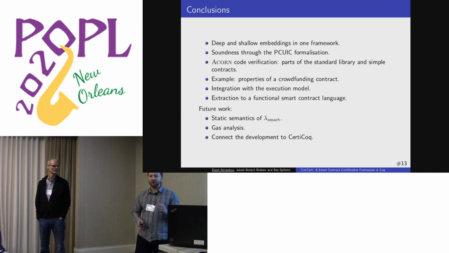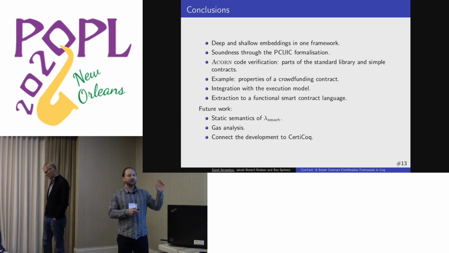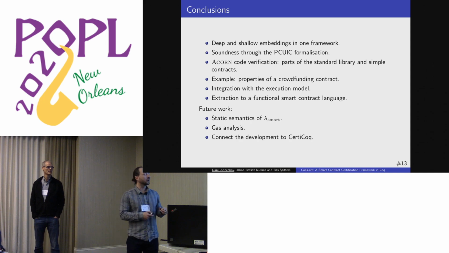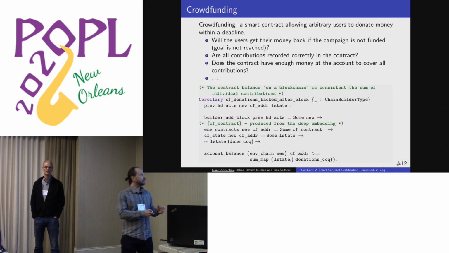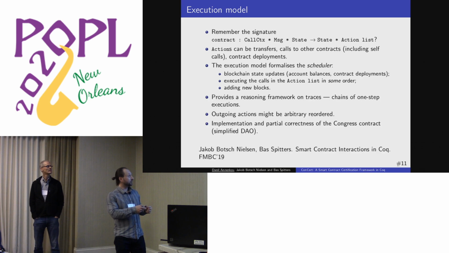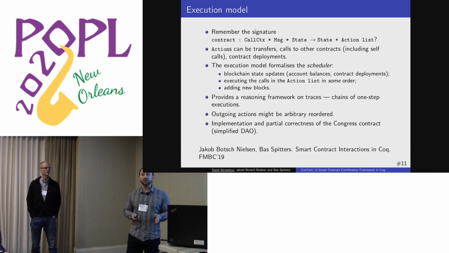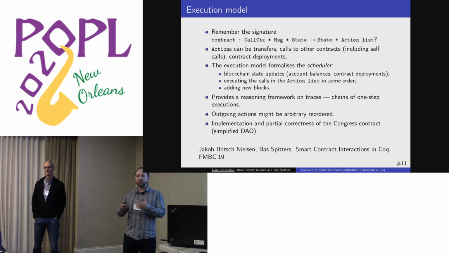I can comment a little bit. With this execution model, it's a little bit different from, say, Ethereum, where the DAO contract was written. If you follow this execution model and confine everything to this function, so for example you do not schedule any self calls and you only emit transfers afterwards, I think you can prove that reentrancy will never happen. Here you have to be clever about how to encode the reentrancy so it can be exploited in this execution model.